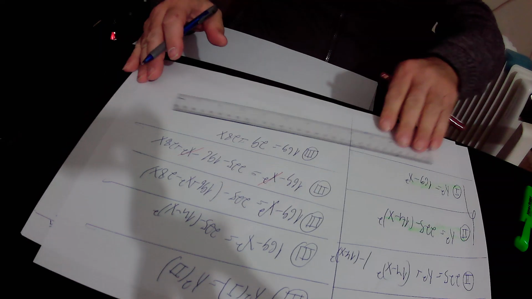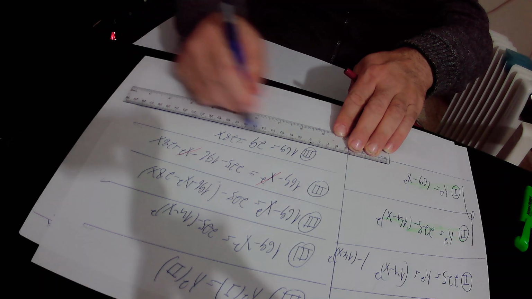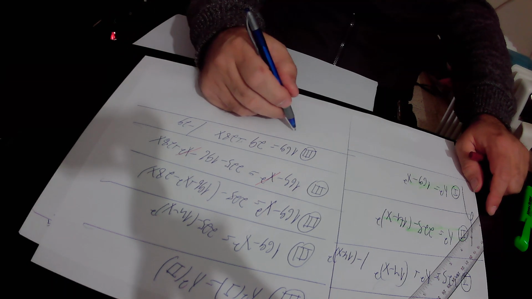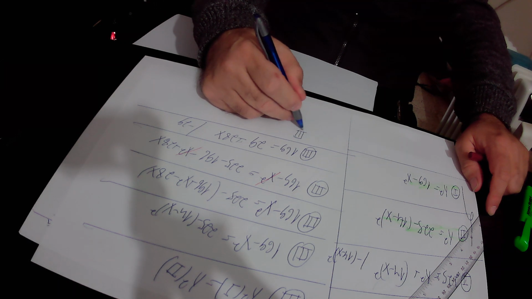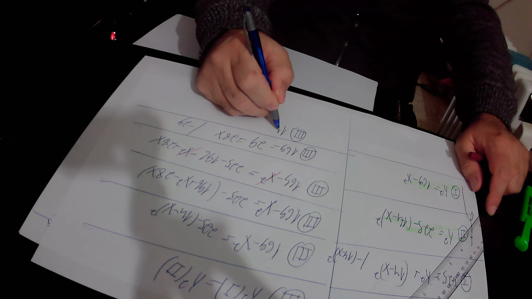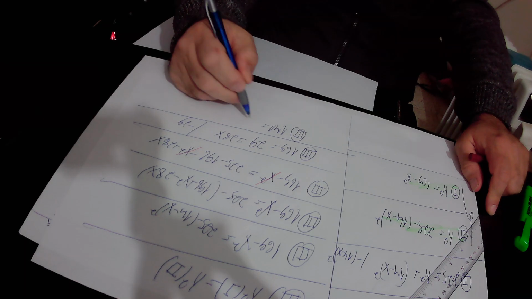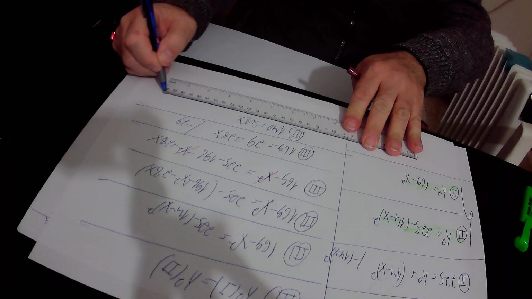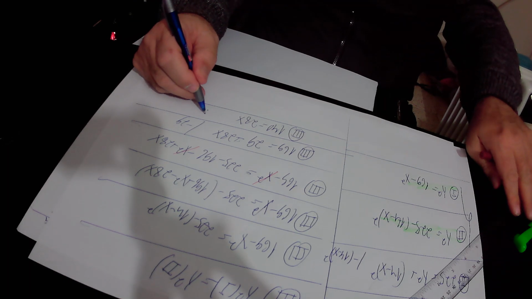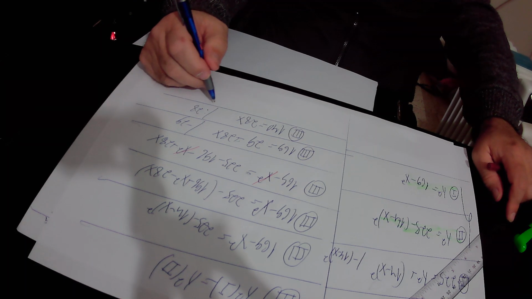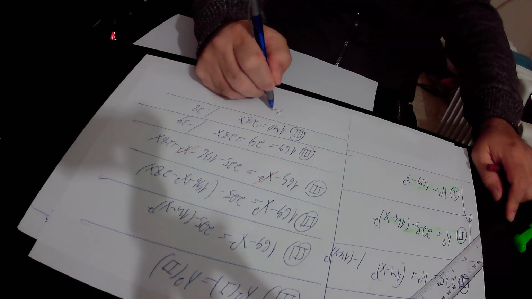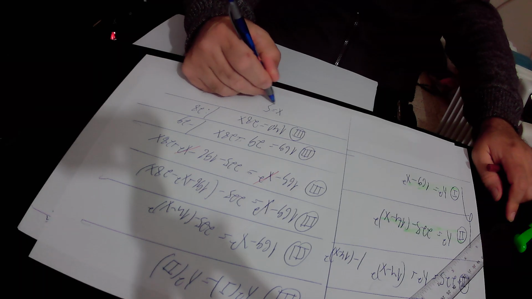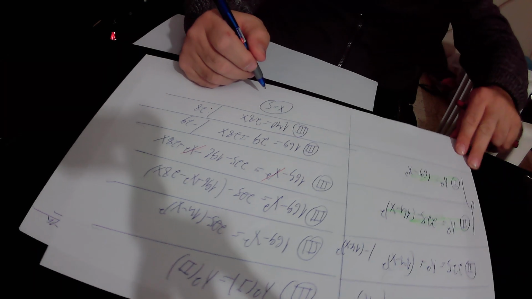Here we subtract 29 from equation number 3, and 169 minus 29 is 140. That equals 28X. So we divide equation number 3 by 28, and we get X equals 140 over 28, which is 5. So we found out that X equals 5.